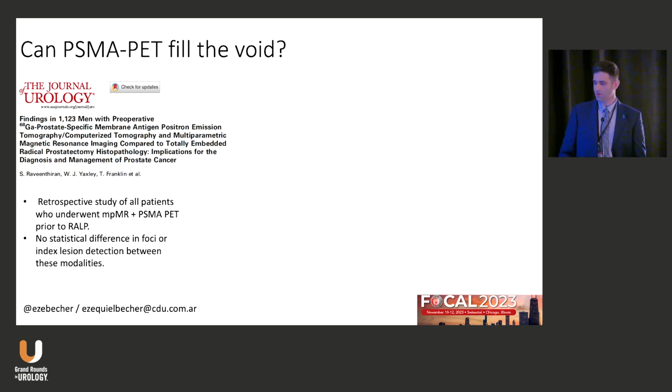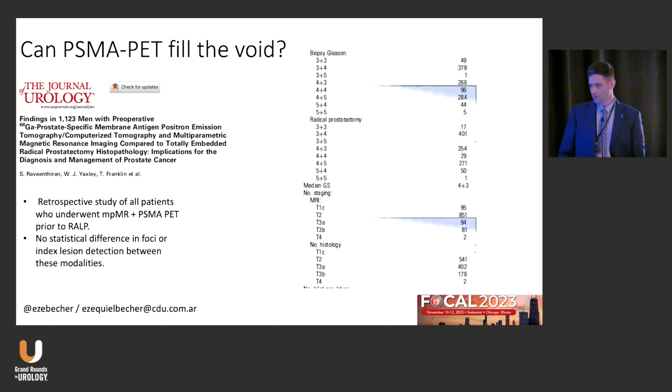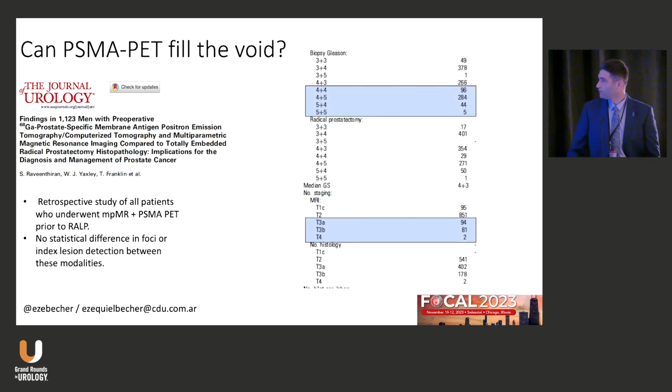But there's an inherent bias in this study. Why? Because if you look at the cohort evaluated here, most fall under a really high risk category, which is not surprising, given that it is a retrospective study, because men that had PSMA PET and MRI prior to prostatectomy may tend to be higher risk patients.